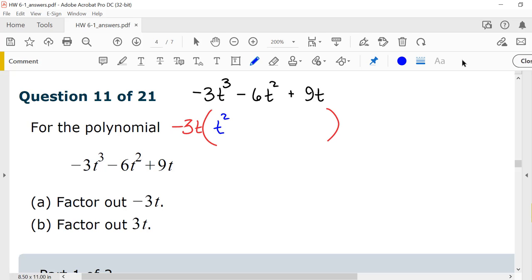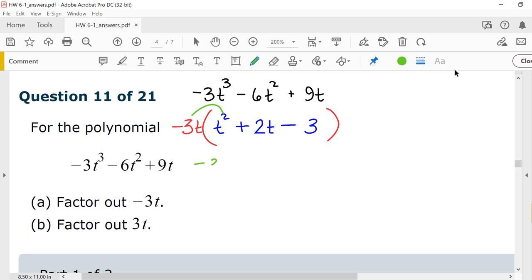Okay, I want to factor out a negative, so this turns into a positive. 3t times what gives me 6t squared? 2t. 3 times 2 is 6. T times t is t squared. Okay, if I factor out a negative, this turns into a negative. 3t times 3 gives me 9t. Let's check this just in case.